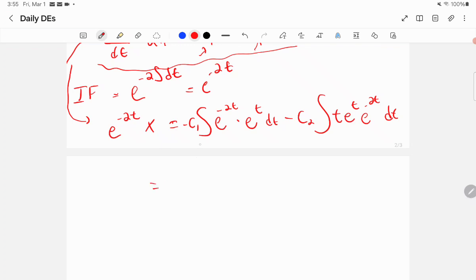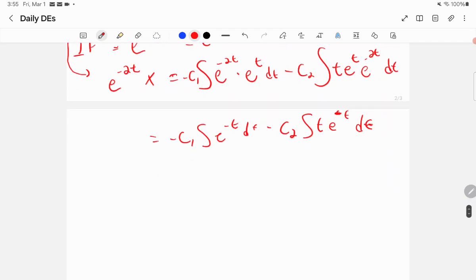So this becomes equal to minus c1 times the integral of e to the minus t dt minus c2 times the integral of t e to the t minus t dt. Okay. And this integral is rather easy. I just end up with c1 e to the minus t.